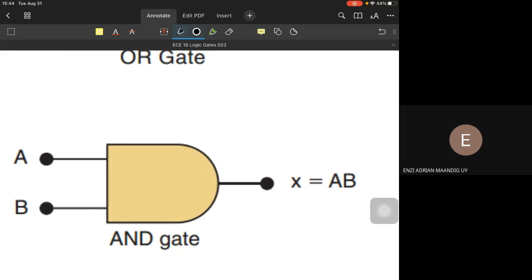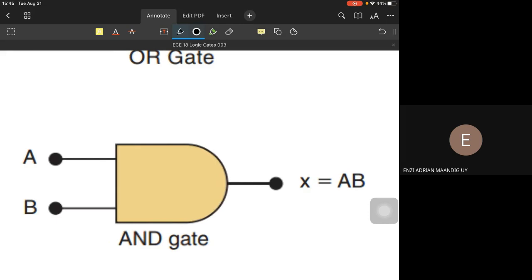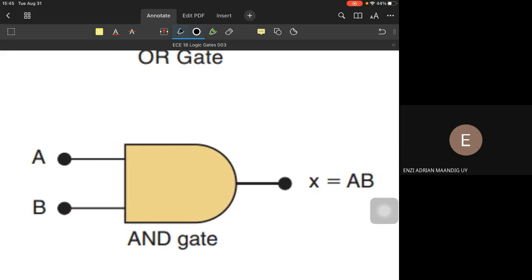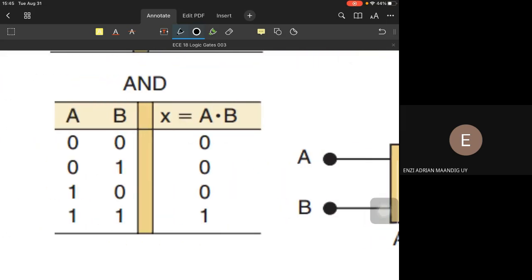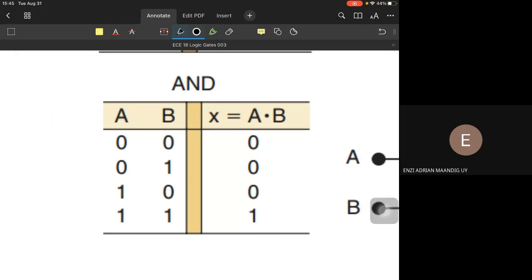So what is the function of the AND gate, or its output? The AND gate will only have a high output if both A and B are high. And that's as simple as that. Now the truth table.